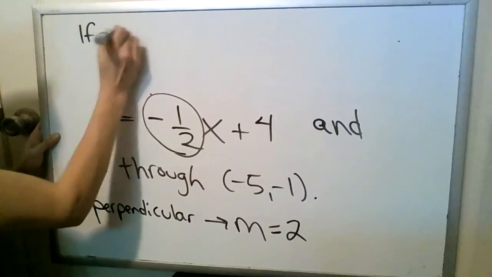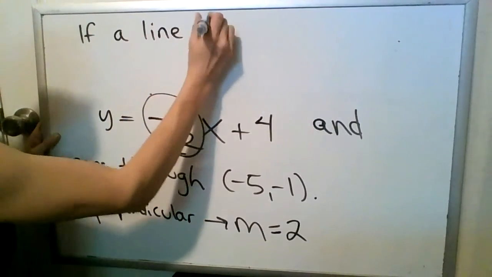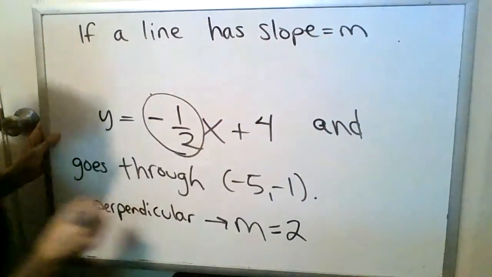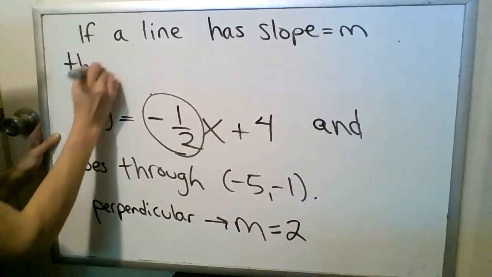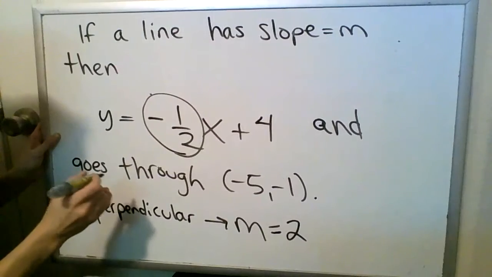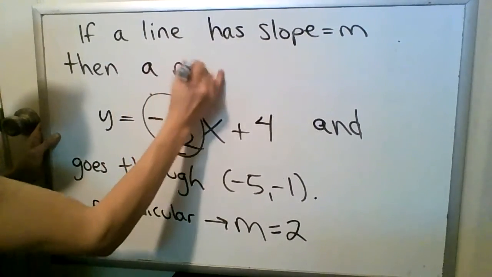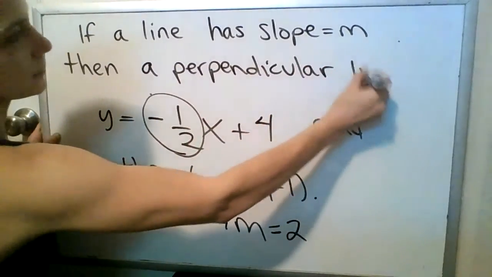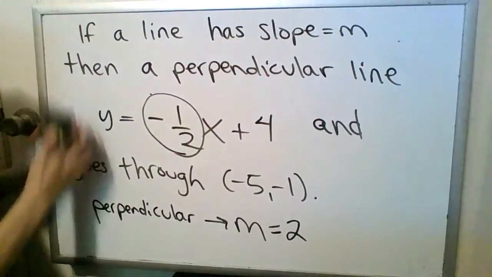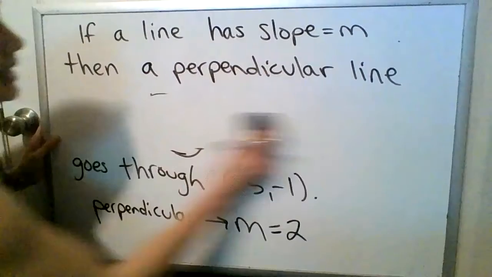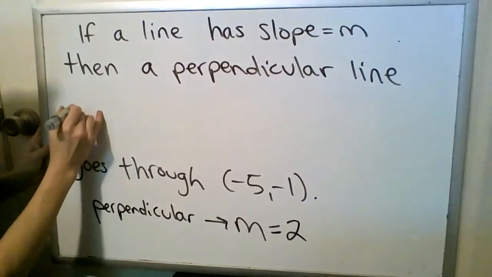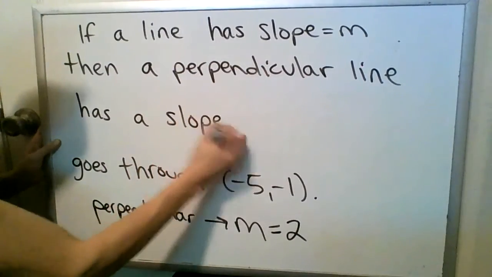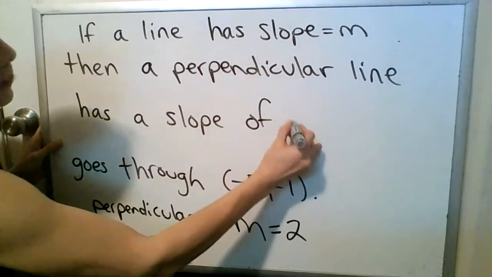If a line has slope m, then a perpendicular line would need to have a different slope.